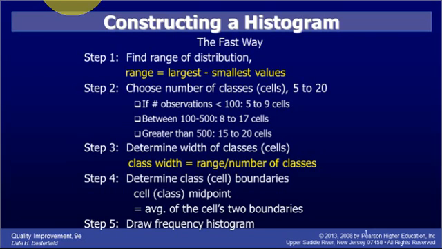Because we're going to draw the histogram, which has all those columns, normally we don't use the boundaries to represent each column. We use the midpoint of each class to stand for each column. So the midpoint is the average of the cell's two boundaries. And step 5 is to draw the frequency histogram.